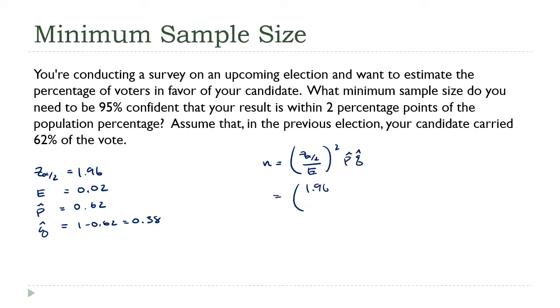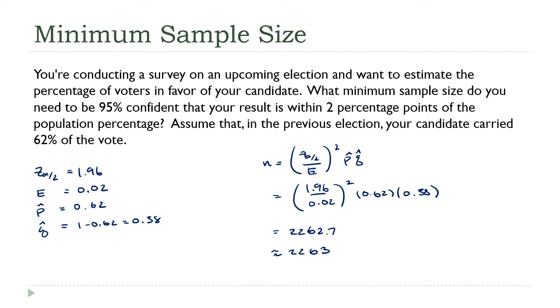So this is 1.96 divided by 0.02, squared, times 0.62 times 0.38. I go to my calculator, and I get 2262.7, which I'm going to round up to 2263. There is my required sample size.